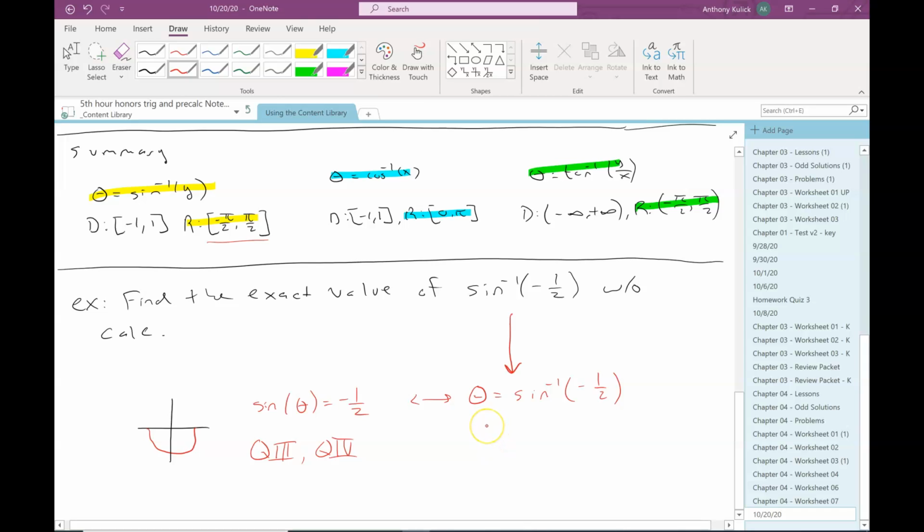What quadrants is that? Well, 0 to π/2 is this part, and 0 to -π/2 is that part. So here we're in quadrant 1 or quadrant 4. Where should our answer actually be located? Quadrant 4, because it's true in both of these places. Is everybody okay with that?